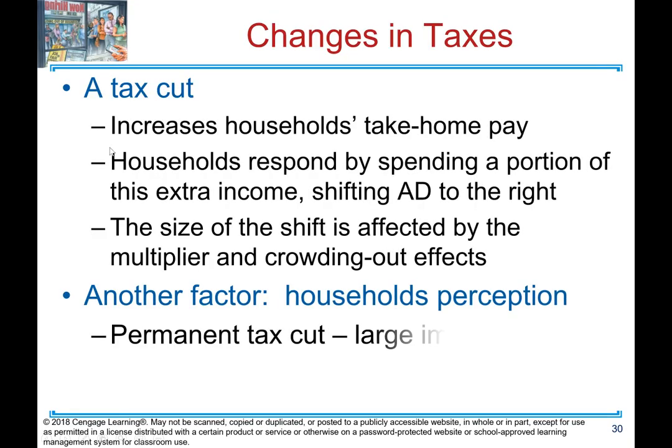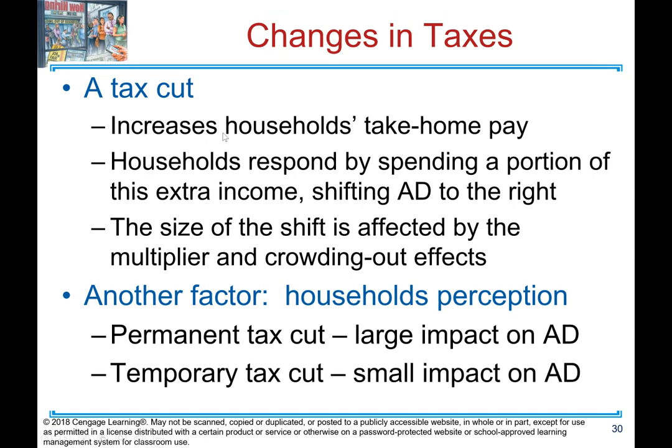Changes in taxes. A tax cut increases household take-home pay. Households respond by spending a portion of this extra income, shifting aggregate demand to the right. The size of the shift is affected by the multiplier and the crowding out effect.